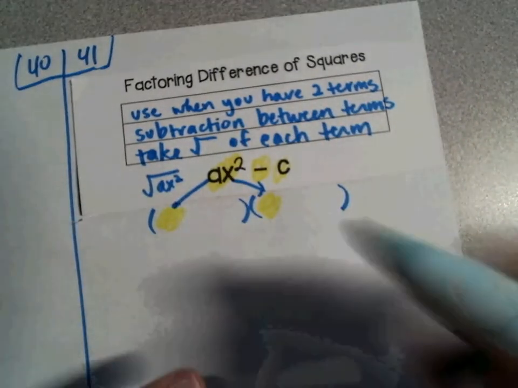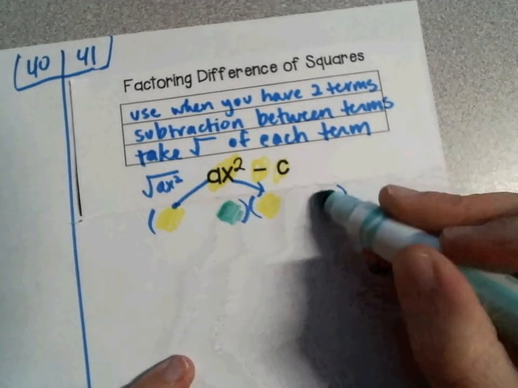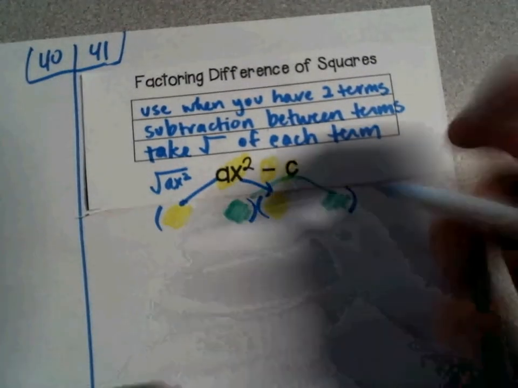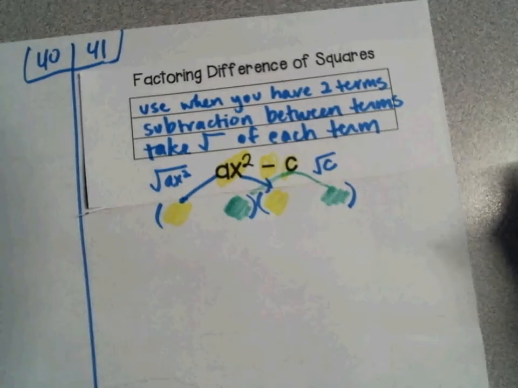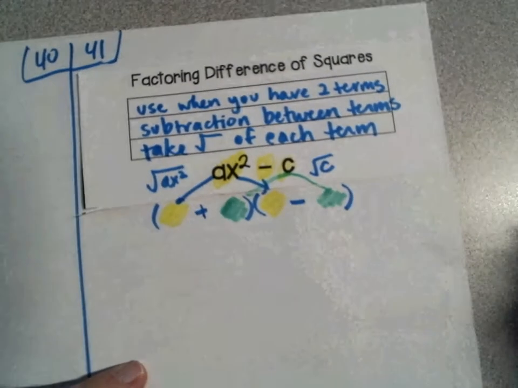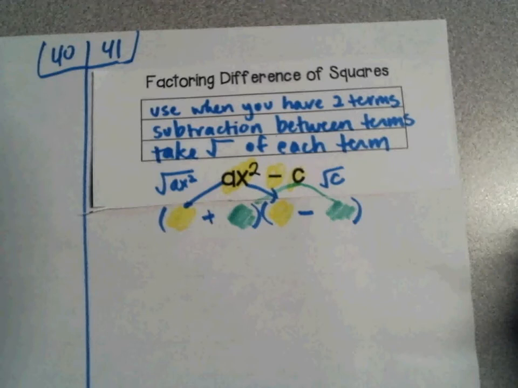And then the second thing in each set of parentheses is going to be the square root of c. And one of them is going to be plus and one of them is going to be minus. All right, I'm going to give you a second to get that written down, or pause the video if you need to. And then we're going to practice a few problems.